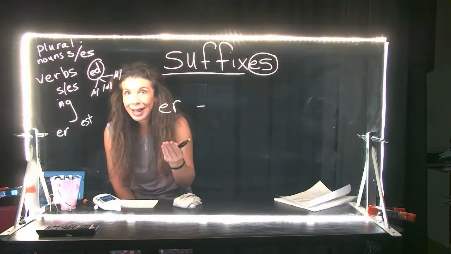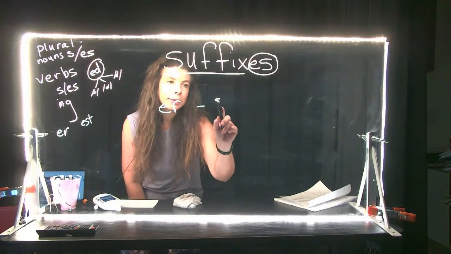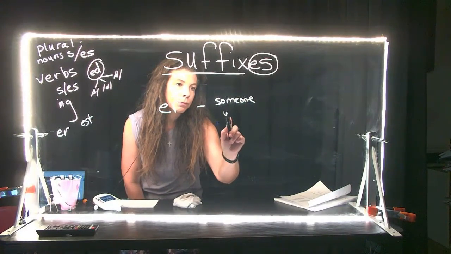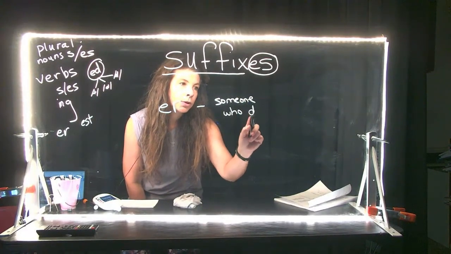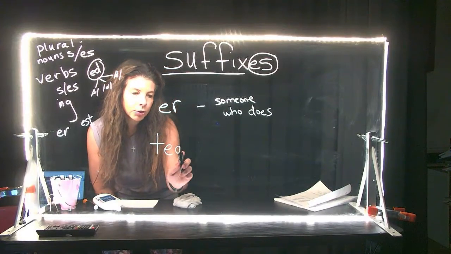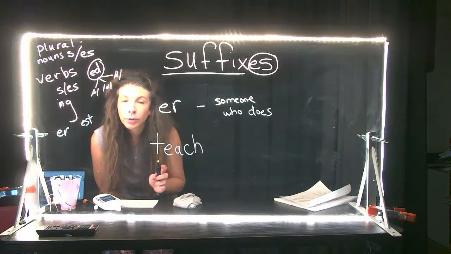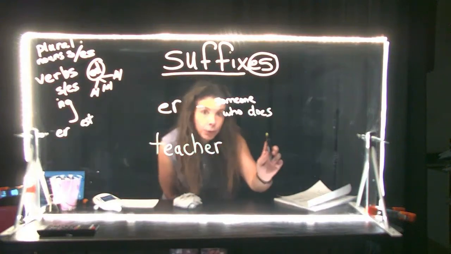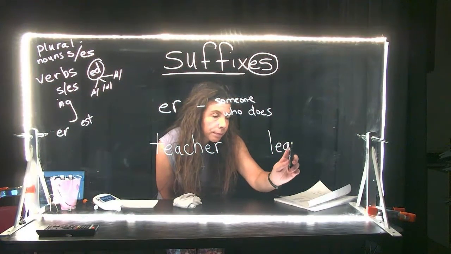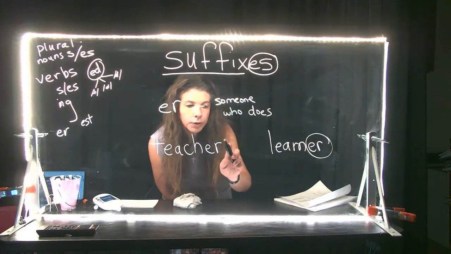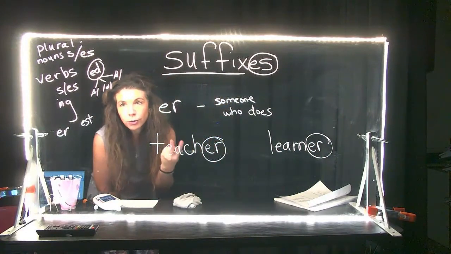It can turn a verb into someone who does. So, for example, if you teach, you are a teacher. If you learn, you are a learner. So that ER has 2 jobs.